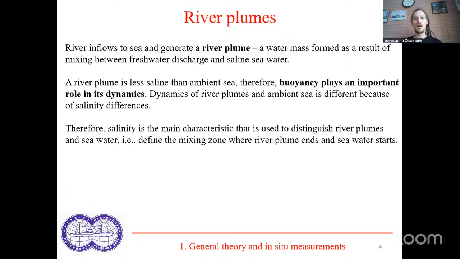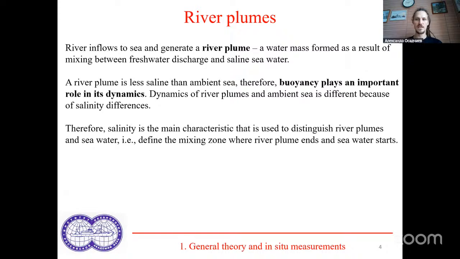When we look at a river plume from the marine point of view, we study it as an individual water mass, because riverine water in the sea is very different from ambient seawater. Firstly, it is low saline and has large buoyancy, and this buoyancy puts river plumes on the surface and makes them very thin.